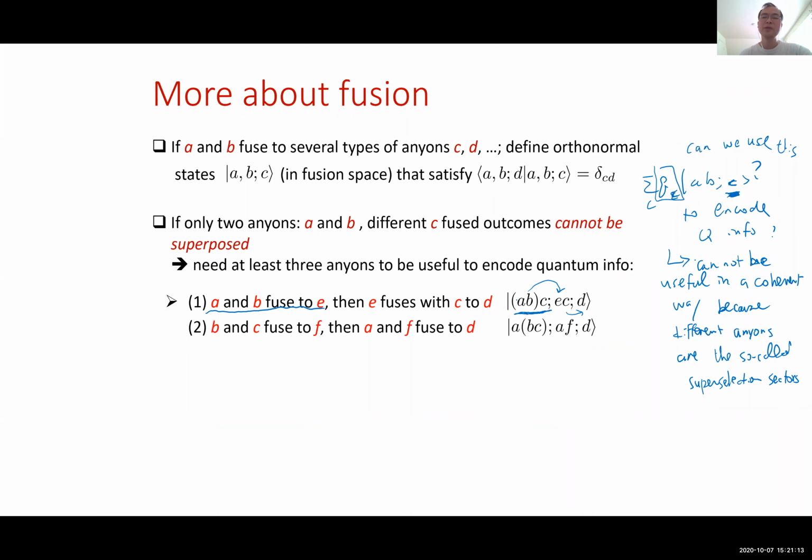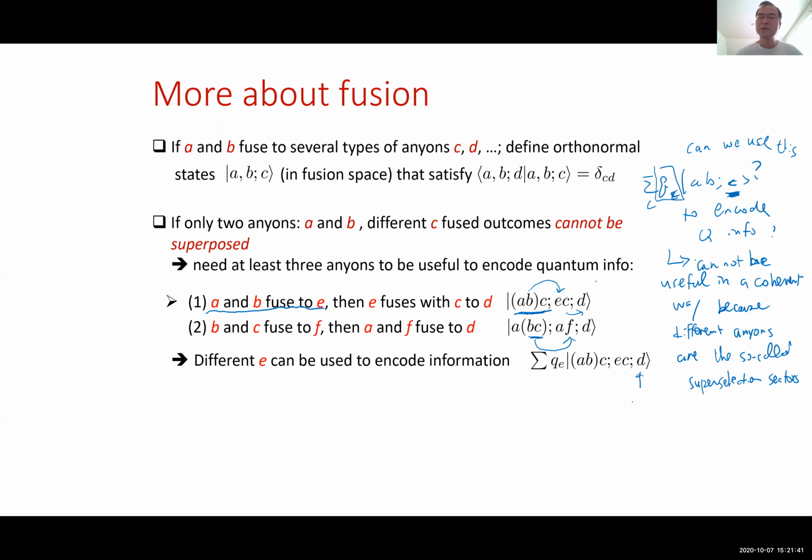It could also be that I fuse B and C first. This is just a mathematical way of seeing what kind of fusion you get. This is like associativity. You can fuse B and C to F, and then A and F fuse to D. Okay, but in each case, I want to fix the final product.